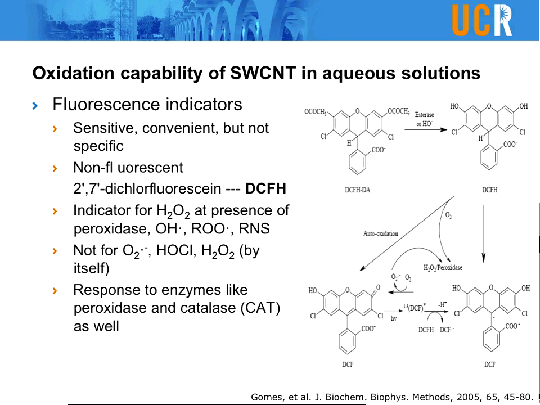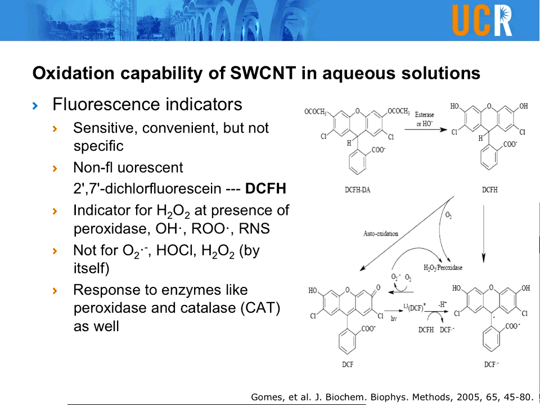The probe we are using right now is DCFH, dichlorofluorescin, which is not fluorescent natively, but after it's oxidized, it loses one hydrogen and becomes fluorescent. The fluorescent molecule we call DCF.